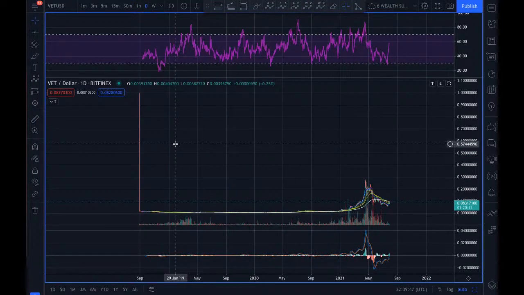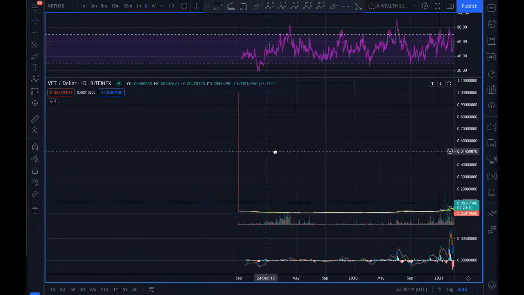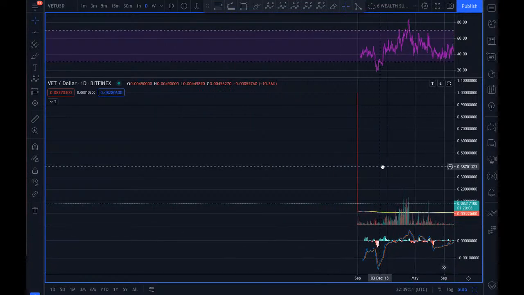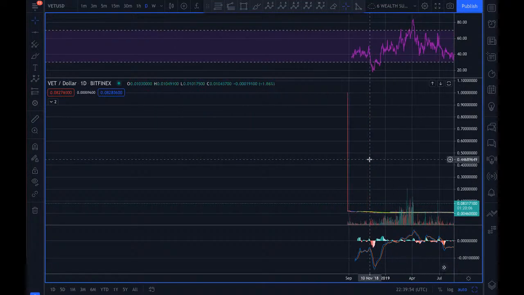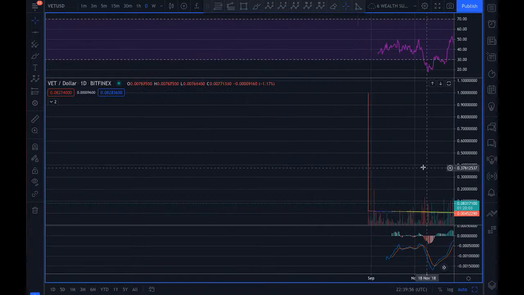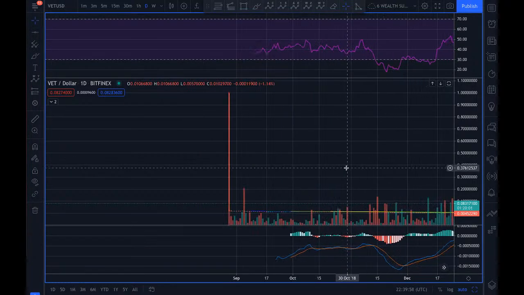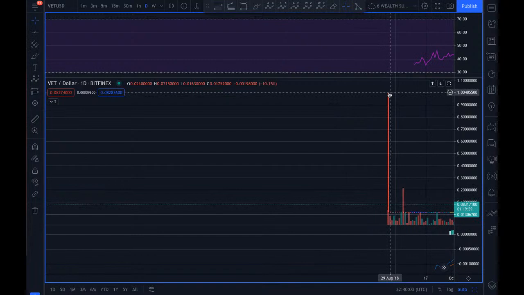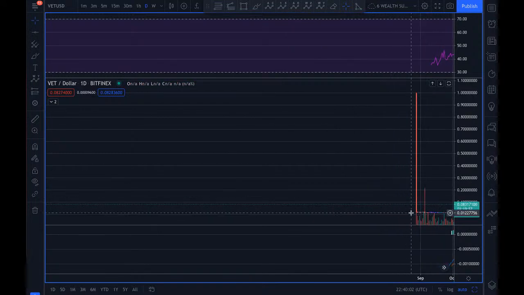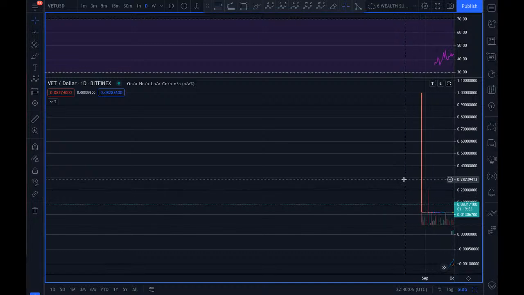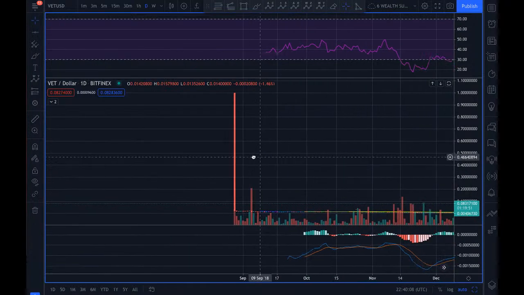Wow! Look at that. Back in 2018, it just entered the market and just collapsed from $1 to 1 cent. Oh, that was a dump and a half.